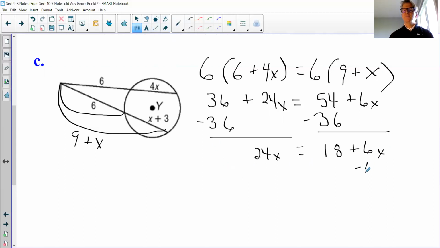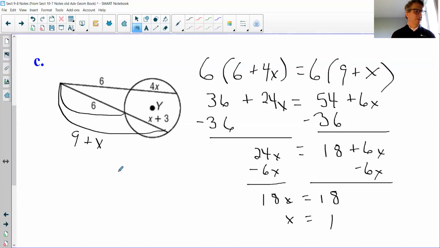Subtract your 6x and subtract your 6x, and you end up with 18x is equal to 18. X is 1. So your 8x is equal to 1 for letter C here. X is equal to 1.